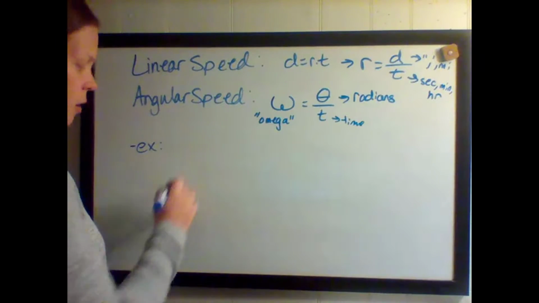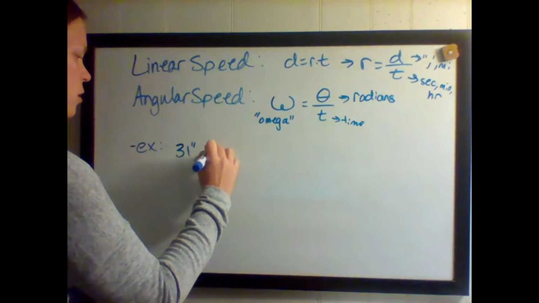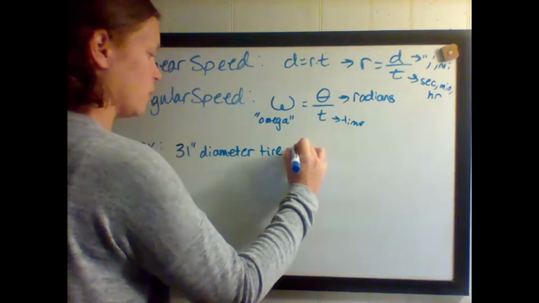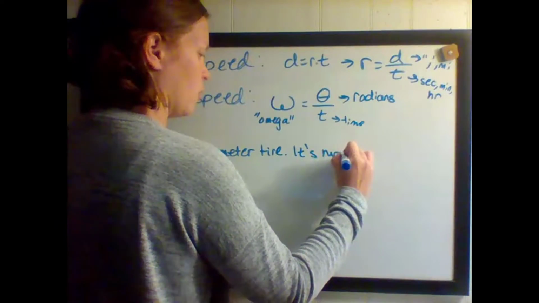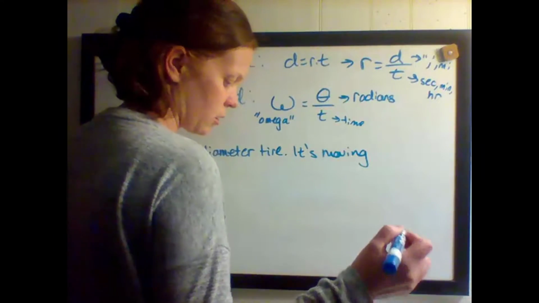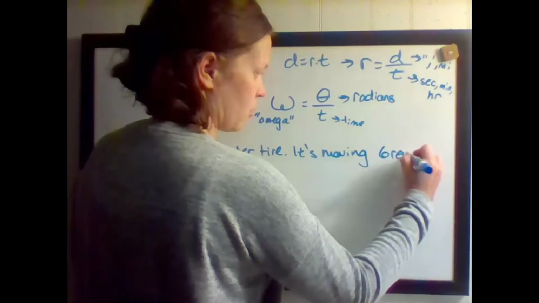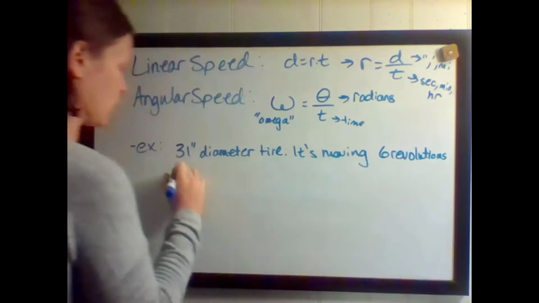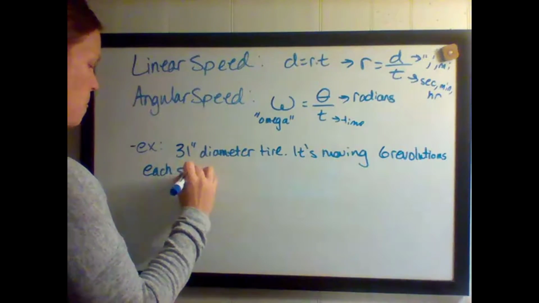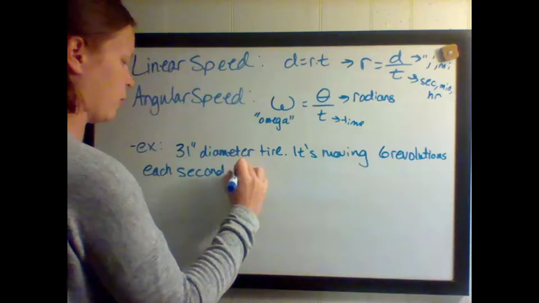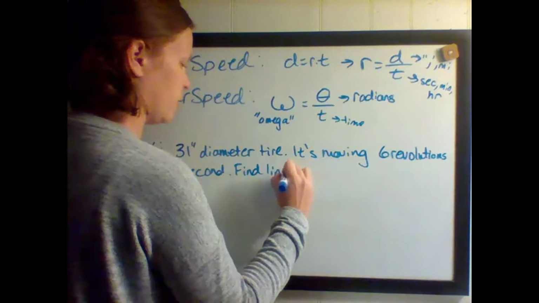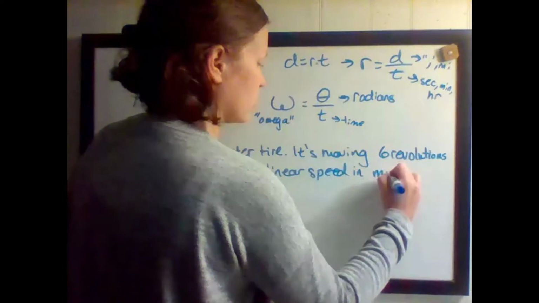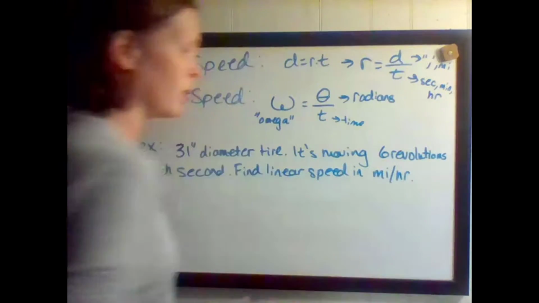So let's say I've got a 31-inch diameter tire, and it's moving 6 revolutions each second. And we want to find the linear speed in miles per hour.